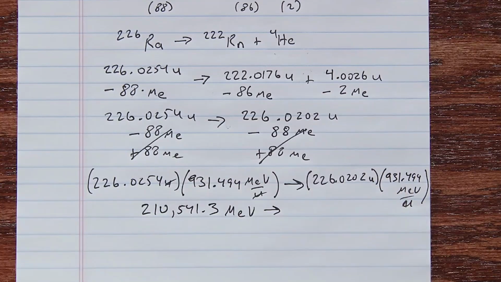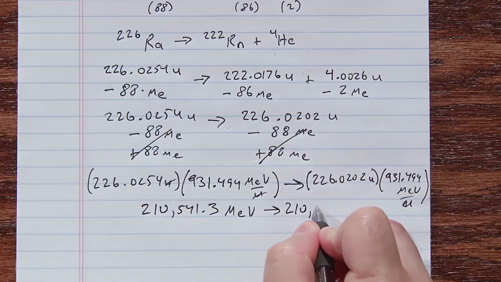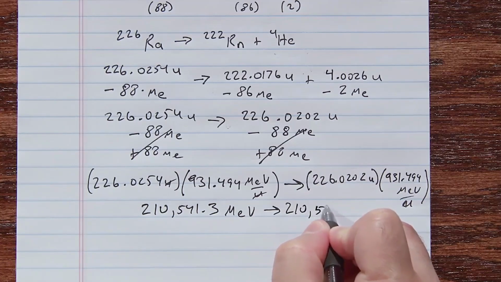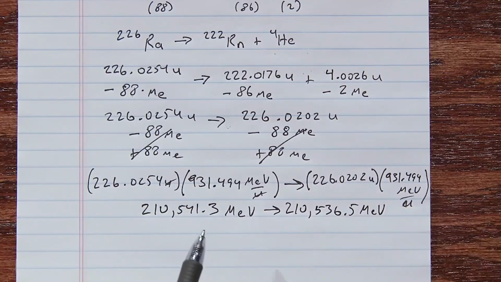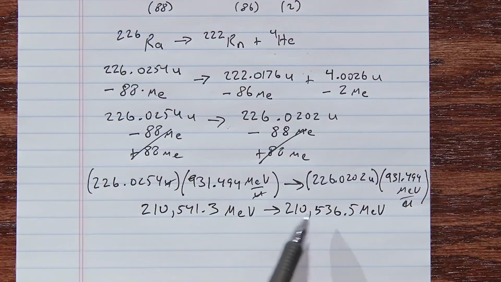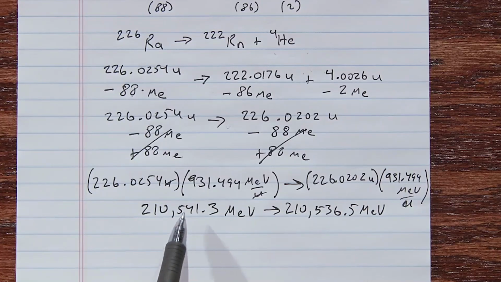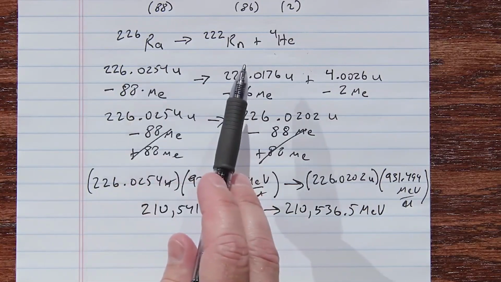And that becomes 226.0202 times 931.494, and that is 210,536.5 mega electron volts. So you can see that the energy decreases as you go from the radium to the radon plus an alpha particle.